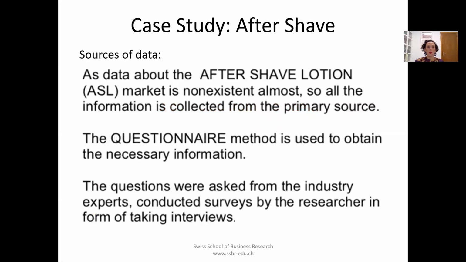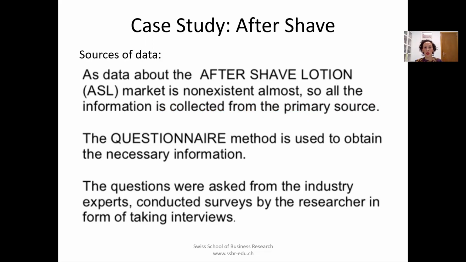So what other sources of data can we use? Unfortunately, there is not a lot out there about the aftershave lotion market. So almost all of the information that we're going to collect is going to be primary based. And we're going to use the questionnaire method to obtain this information. We have chosen these questions after speaking to an industry expert.